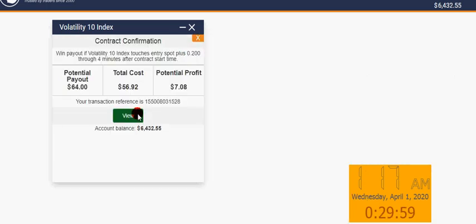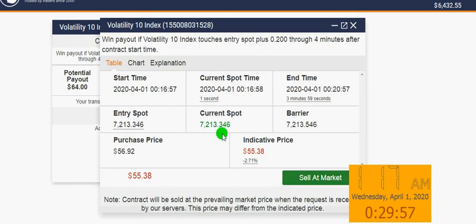Okay, we'll click on purchase and review. So this is the current spot, 7213218. These are barrier offsets. So once 372 is higher than this, the trade will be closed. 213.205.